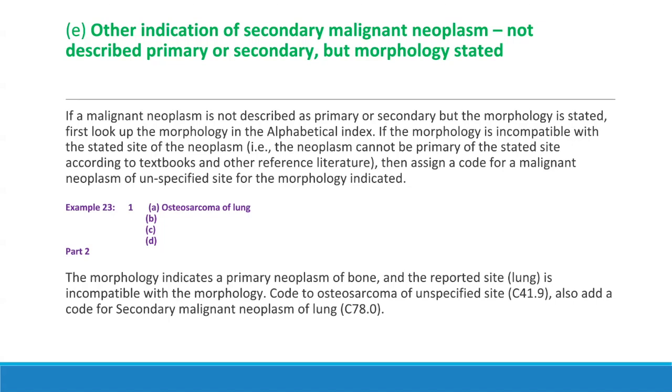In this case, C41.9 for osteosarcoma of an unspecified site. Additionally, coders should also code for a secondary malignant neoplasm of the lung, C78.0, to reflect the reported site.